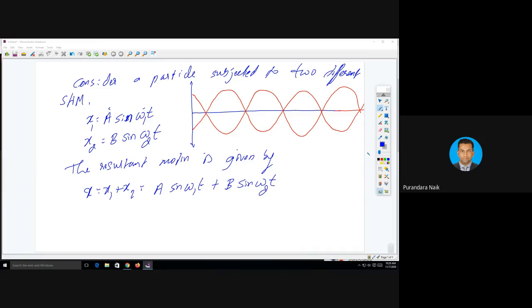Here, actually, the new wave for x is like this. The curve will be like this. Again, the amplitude goes on increasing loop by loop. It goes to 0 again, then gradually increases.